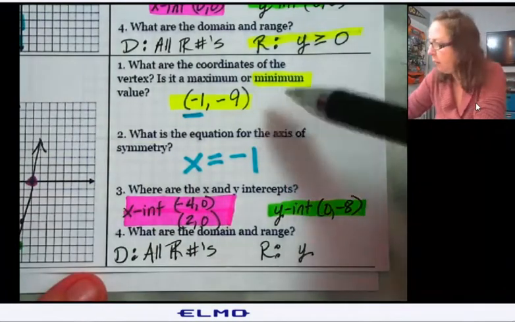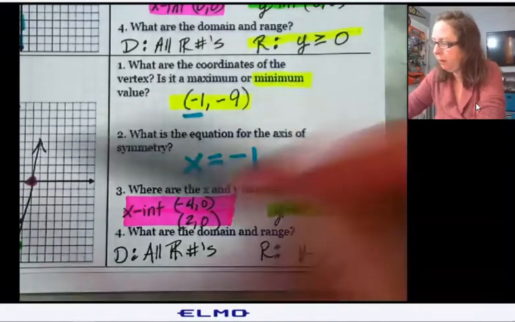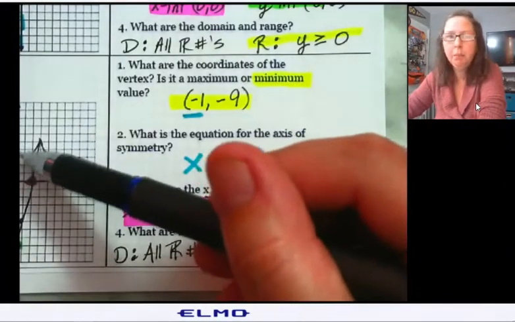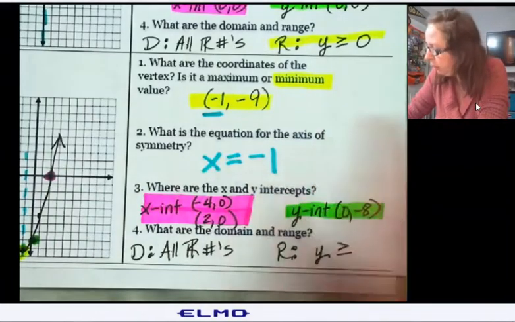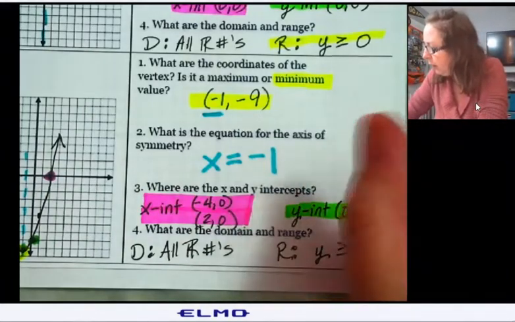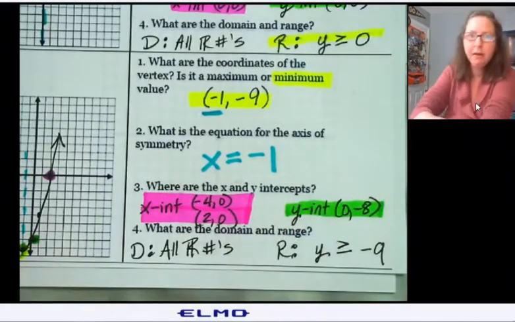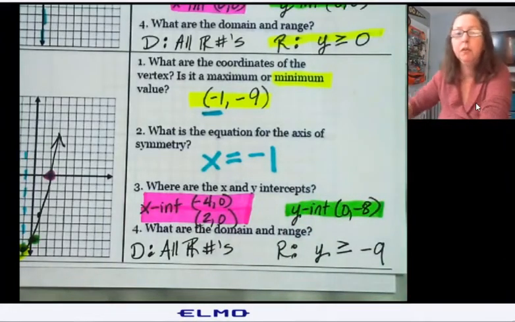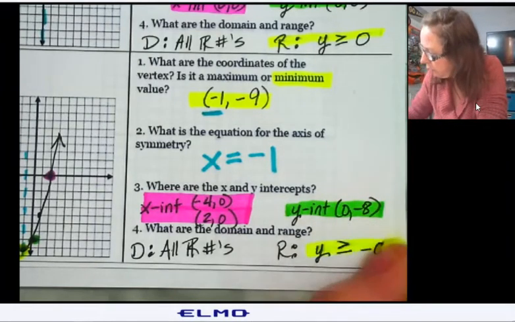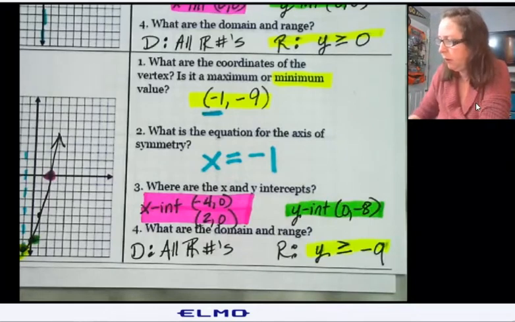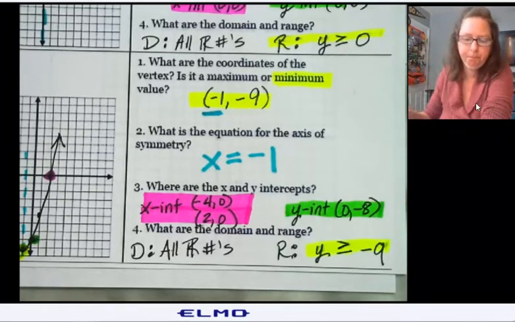So this is a minimum, which means that the graph can go up and up and up forever. So it's going to be greater than or equal to negative 9, the y value of the vertex. So the vertex really does tell us quite a bit of information. Okay, so I get that from the vertex.